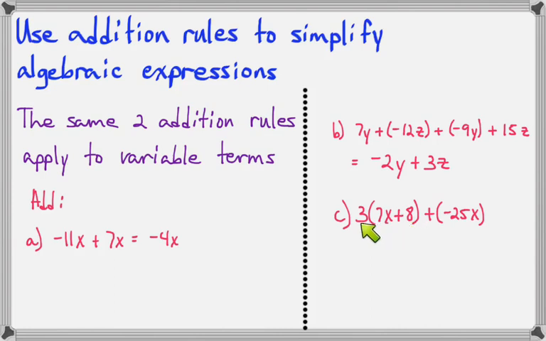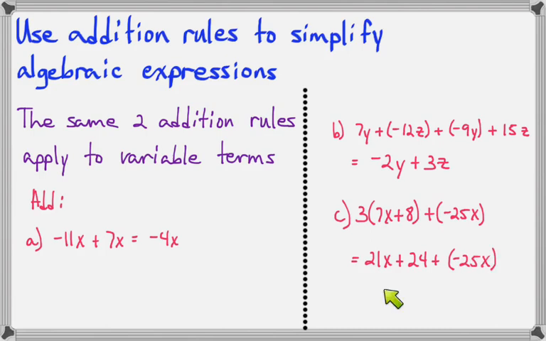I'll need to multiply 3 times both terms. 3 times 7x is going to be 3 times 7 times x. That's going to make 21x. Then I've got to do 3 times 8. So that's going to be plus 24. Then I've got my plus negative 25x.